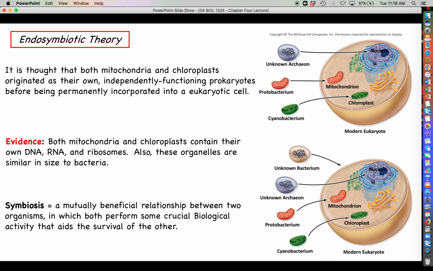So the idea, therefore, is that this modern eukaryote, which at some point in history engulfed a mitochondrion or a chloroplast, now becomes capable of cellular respiration and photosynthesis. It is in a much better place than it was without the mitochondrion or without the chloroplast. And from those two organelles' perspective, they are in a better position too because they don't have to fend for themselves anymore. Any nutrients that the larger eukaryotic cell gets its hands on now become fodder for them to use, so they don't have to worry about getting their food anymore.